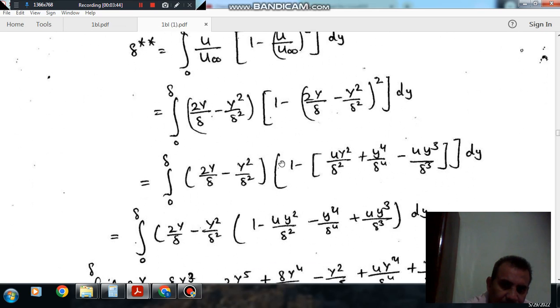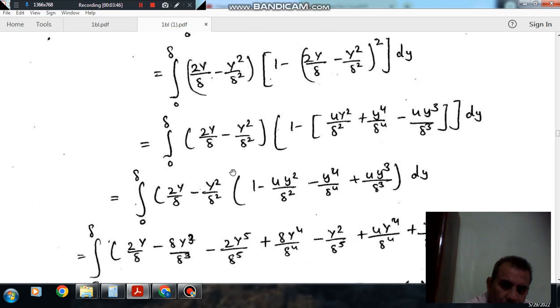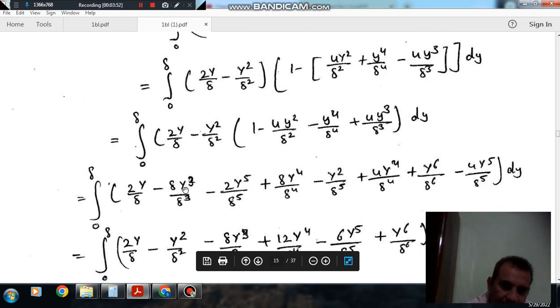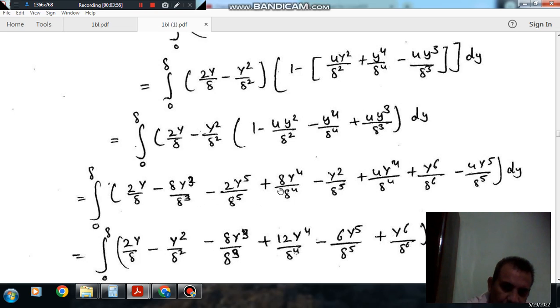So multiplying these terms, we get 2y by delta minus 8y cube by delta cube minus 2y 5 by delta cube, 8y 4 by delta 4 minus y square by delta 5, 4y 4 by delta 4 plus y 6 by delta 6, and 4 by 5 delta 5.